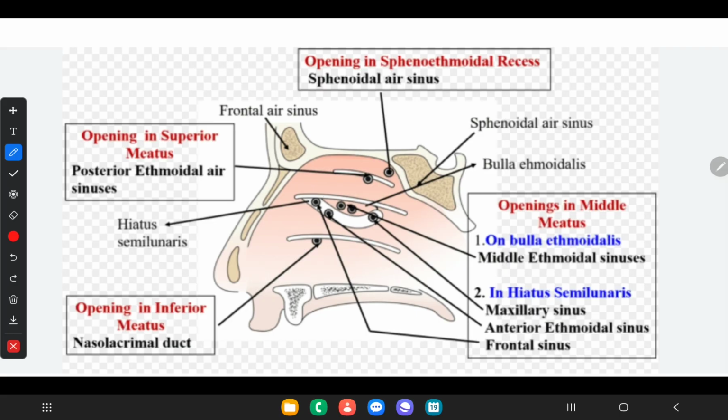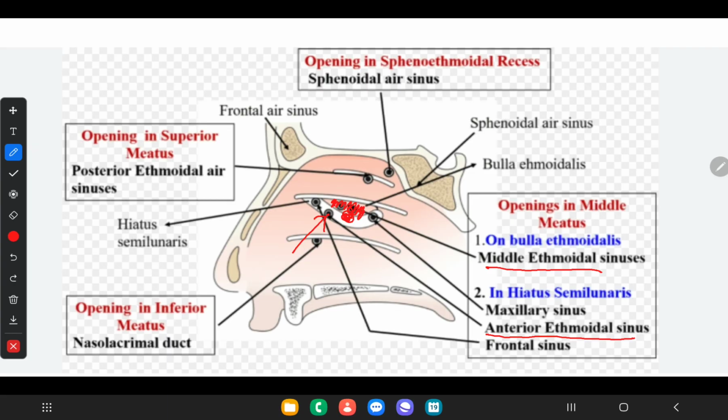Here you can see this point is the infundibulum, into which the anterior ethmoidal sinus drains. Then the middle ethmoidal sinuses drain into the middle meatus in this area, because it is situated behind the bulla ethmoidalis.